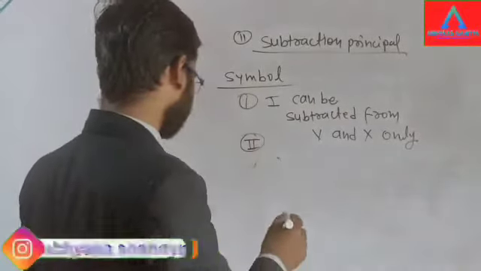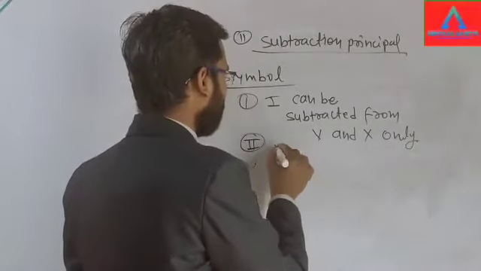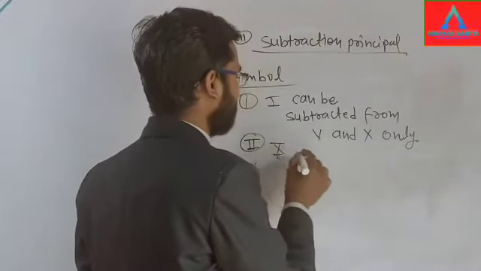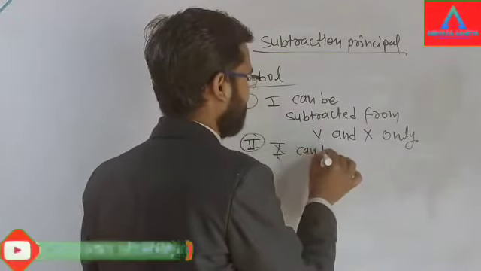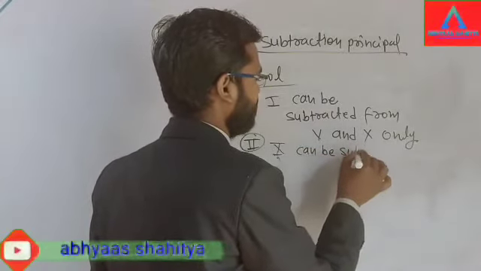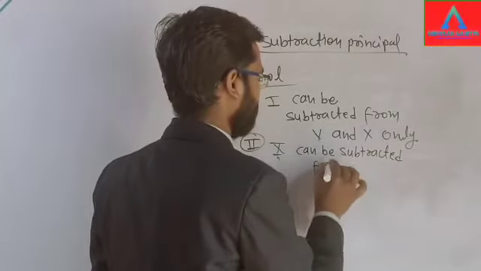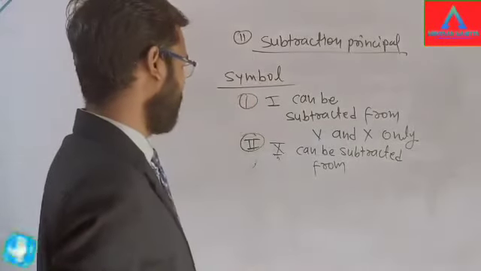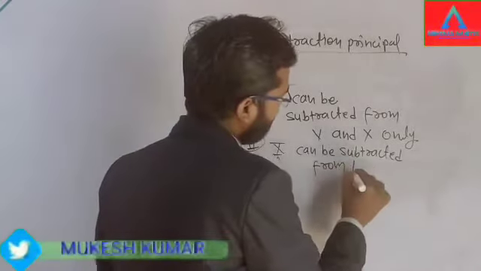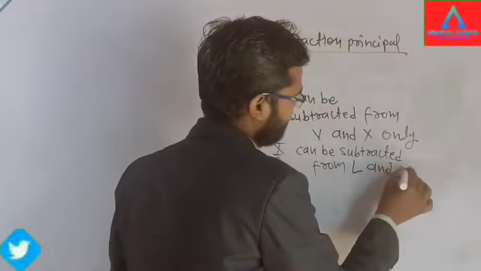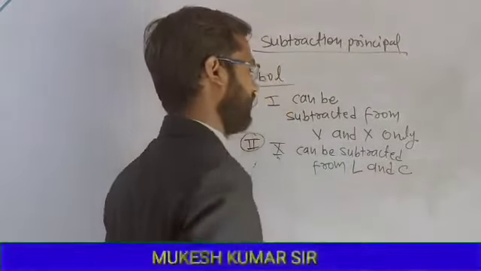Second is X, that means 10, which can be subtracted from L and C only, that means 50 and 100.